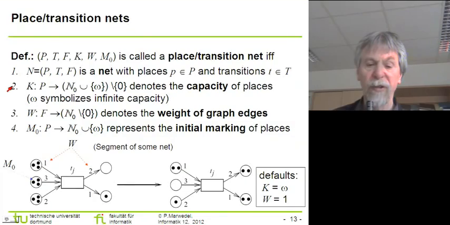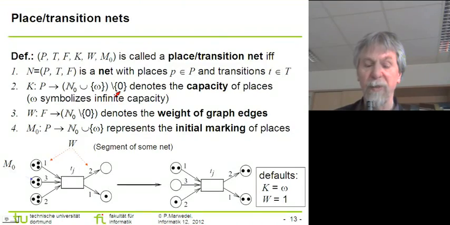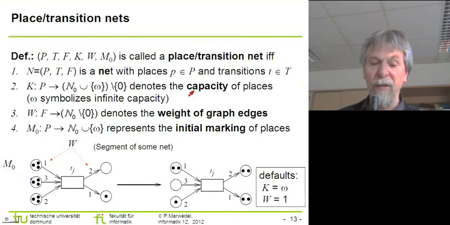The fourth element is a mapping from places to numbers, and these are natural numbers where initially we include the zero, add one special symbol to denote infinity, and then remove the zero again. This capacity is the maximum number of tokens that we can have on any of the places.